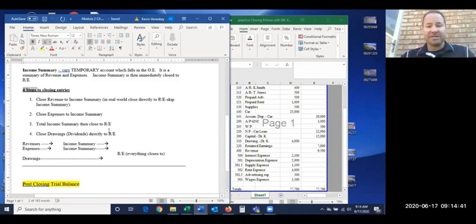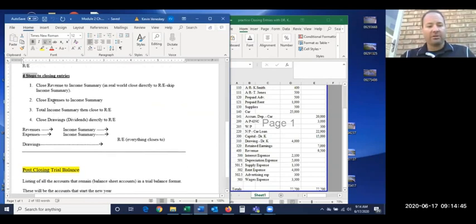Step 2, close out your expenses. So now we're in the E for R, and then E, close out the expenses to income summary. Then total up your income summary and close it out to retained earnings. And then finally close your dividends to retained earnings as well. Everything gets put into that retained earnings account.